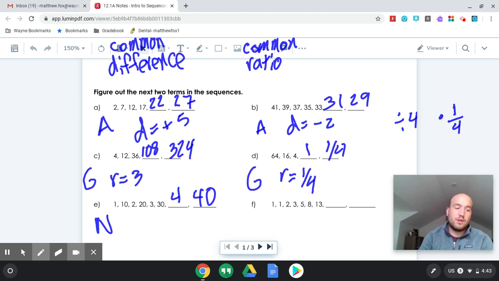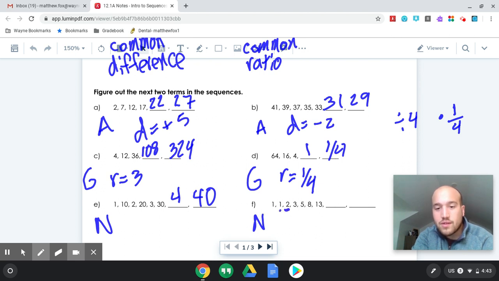And then our final one, once again, 1, 1, 2, 3, 5, 8, 13. This is neither arithmetic or geometric. However, this is a very famous sequence. Our Fibonacci sequence is talked about in many different parts of nature. As you look, if we add the first two terms, 1 plus 1, we get 2 right here.